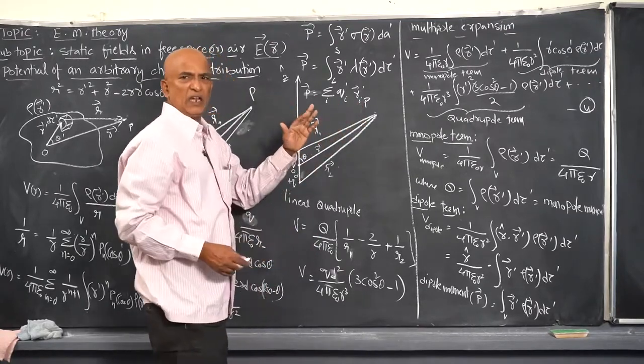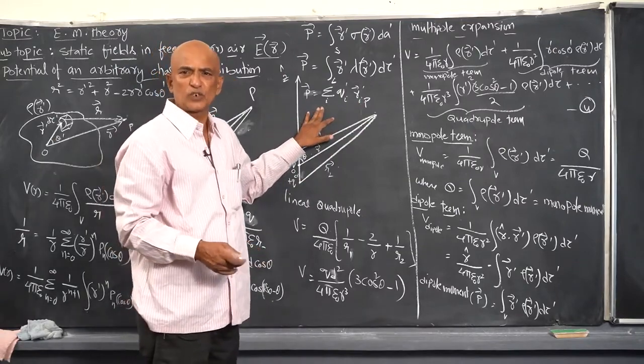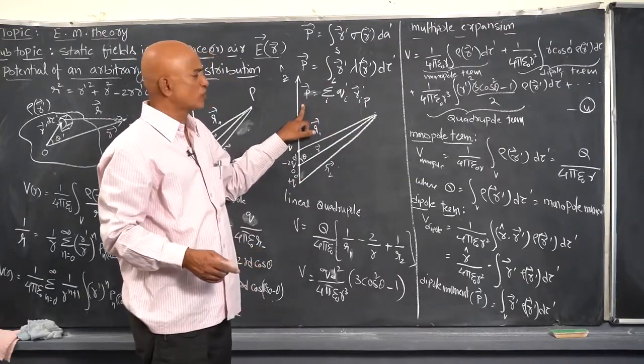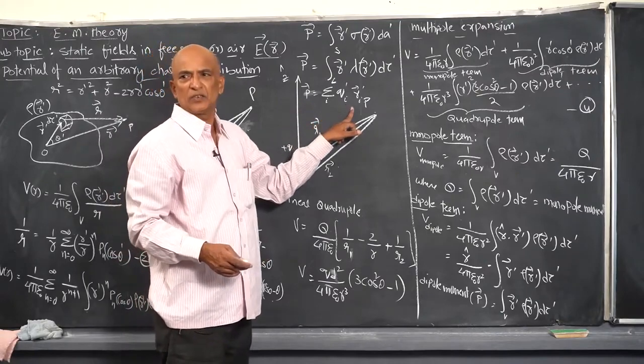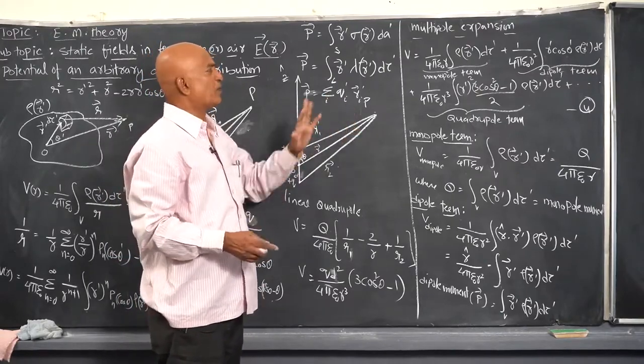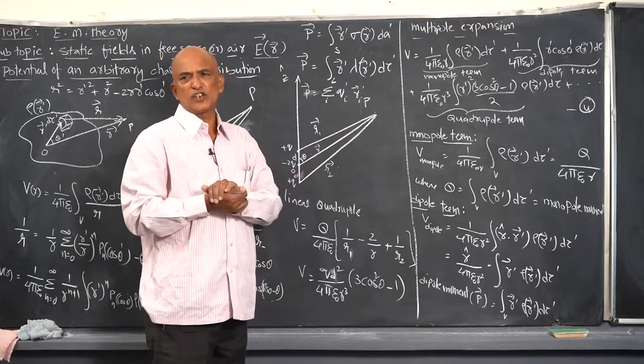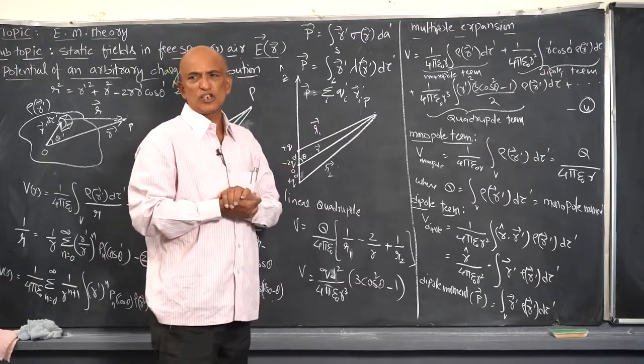So if the charge distribution is discrete, the dipole moment can be expressed like this. This is about the dipole moment of continuous and discrete charge distributions.